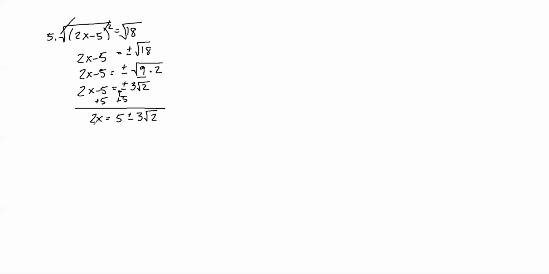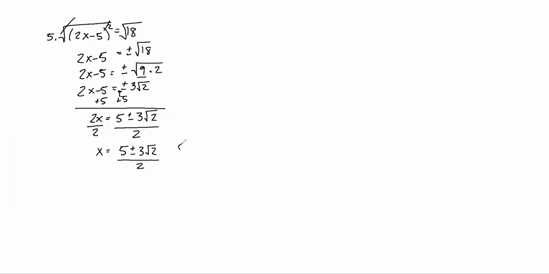And now our last step is to divide both sides by 2. So if we go ahead and do that, you can leave it just like this, or you can break it up. So I'll show you both ways. We get x equals 5 plus or minus 3 square root of 2 all over 2.